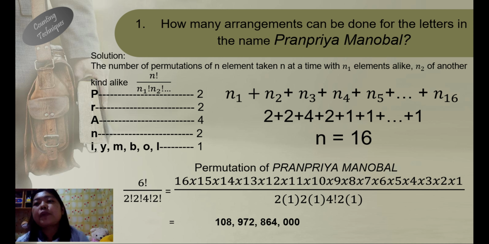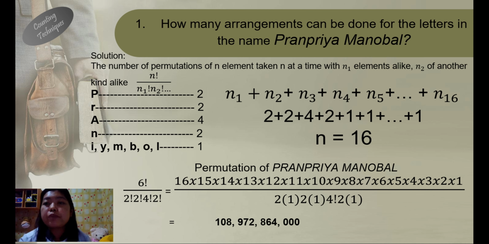So, in the word Pranpriya Manobal, we have 16 letters. Let's check it. N sub 1 plus N sub 2 plus N sub 3 plus N sub 4 plus N sub 5 plus N sub 6 plus and so on up to N sub 16 is equal to 2 plus 2 plus 4 plus 2 plus 1 plus 1 plus 1. So, it equals 16.